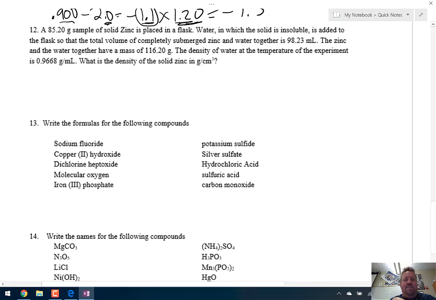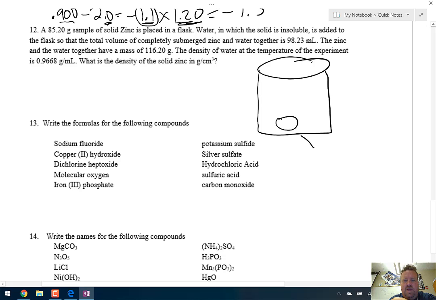So it says an 85.20 gram sample of zinc is placed in a flask. So I'm going to draw my flask. Okay. And I'm going to put a piece of zinc in there. Zinc. And I'm going to say mass equals 85.20 grams. Okay, water, in which the solid is insoluble, which means it doesn't dissolve in it, is added to the flask.